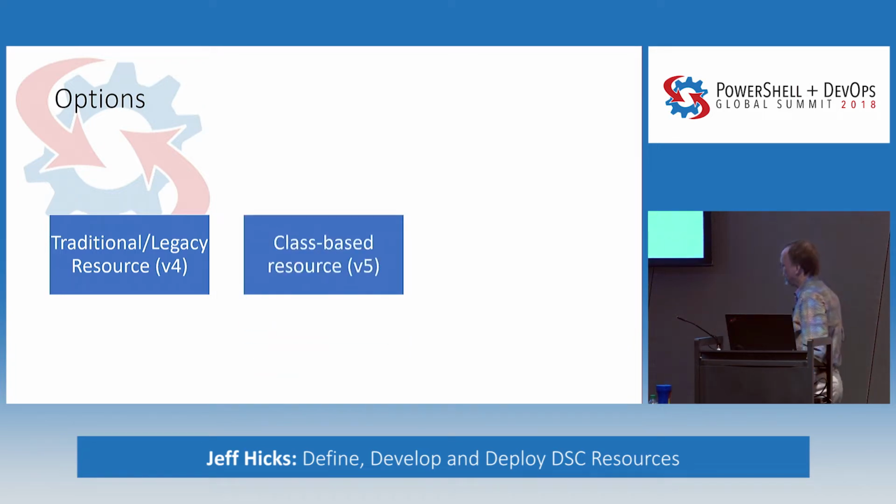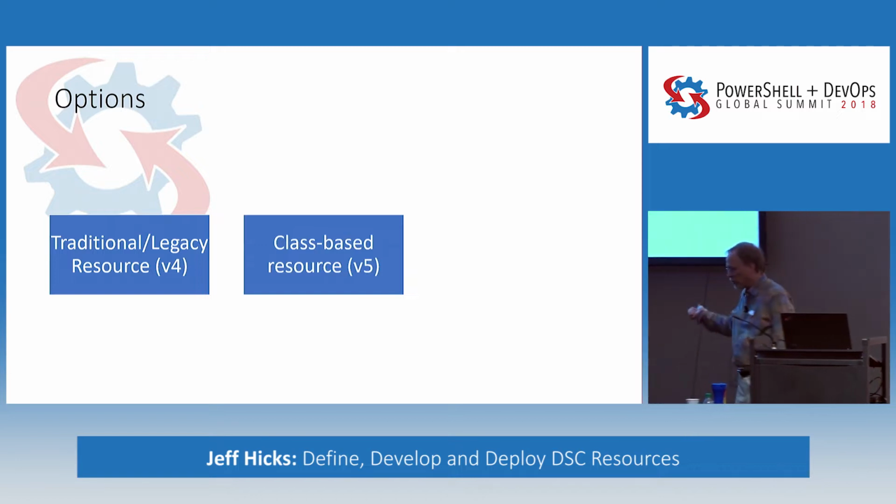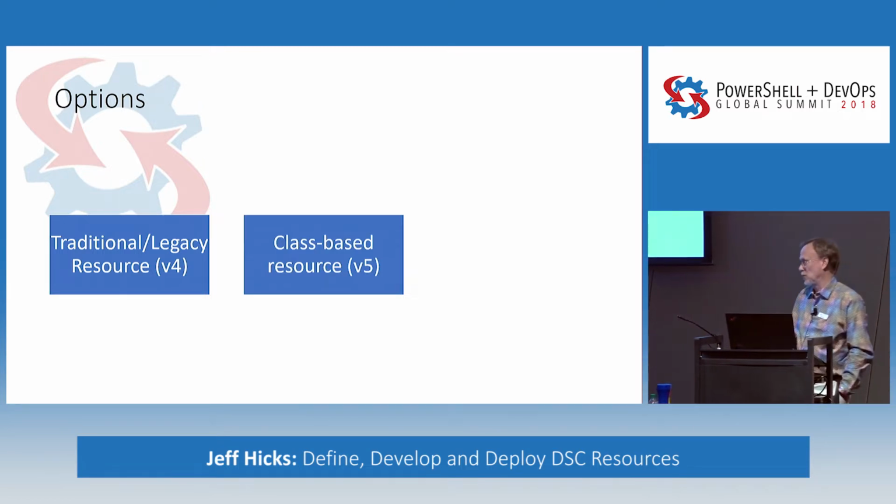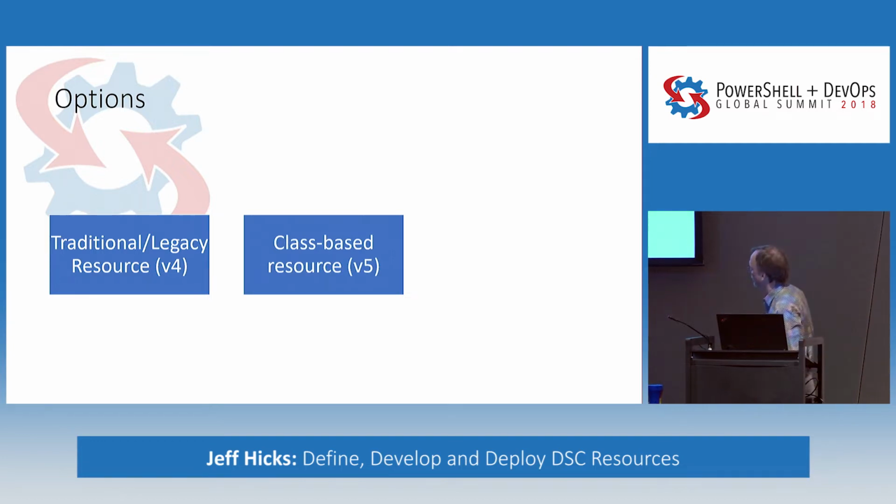Your other option, if you have PowerShell 5 or later on your servers, is a class-based resource. Again, I'm going to walk through this as well. You could certainly build a resource in both fashions. In fact, I'm going to do that this morning. So you could still have a mix of v4 servers and v5 servers, and that's fine.